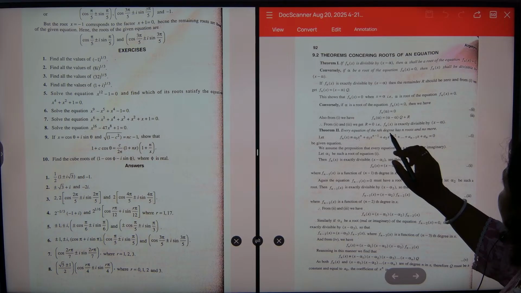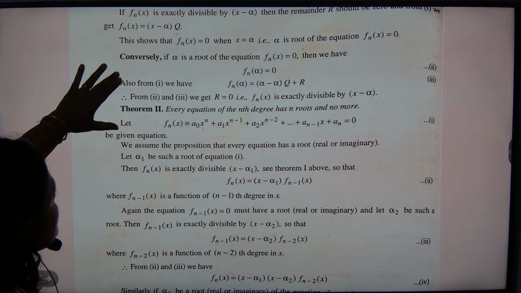We all know that. So this is the theory: if we have a degree n equation, it has n roots.